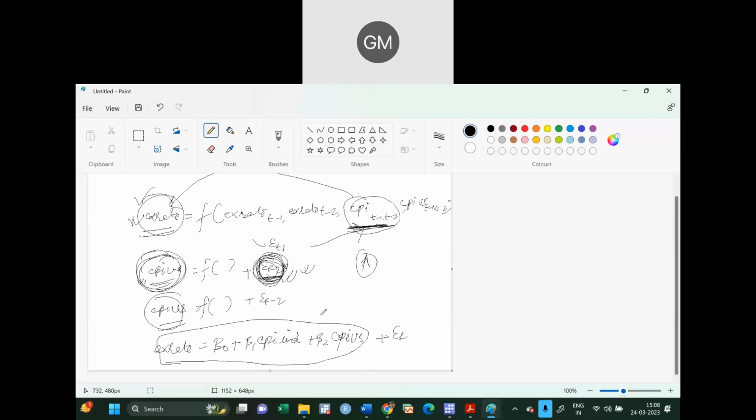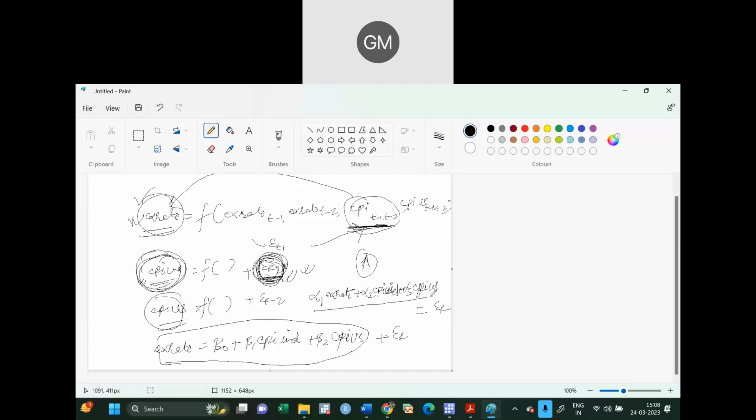It means you can write alpha 1 exchange rate plus alpha 2 CPI India plus alpha 3 CPI US is equal to an error term.